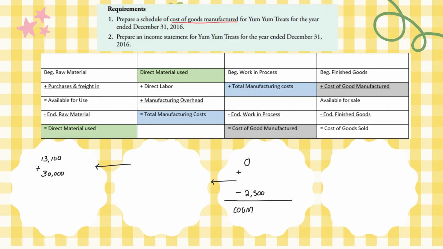But the one you have is delivery cost, which is freight out, when the seller pays for the transportation. So I'm gonna assume that freight in is 0 in this question. Equals available for use, so it's gonna be 43,100. Then I'm gonna subtract ending raw materials, which is 8,500.